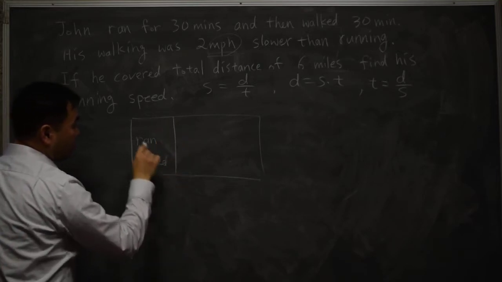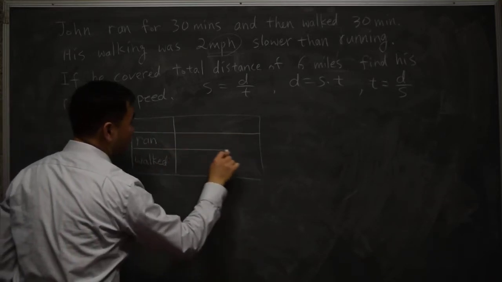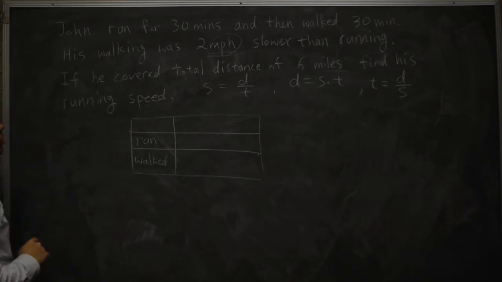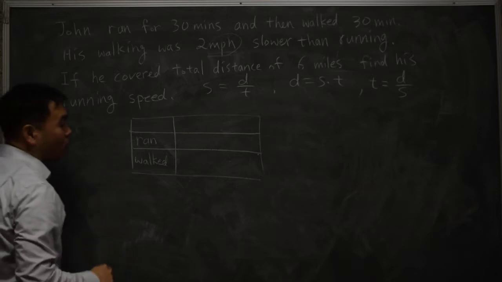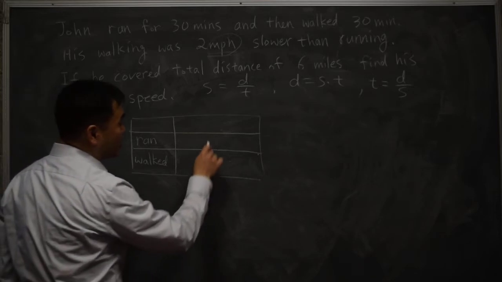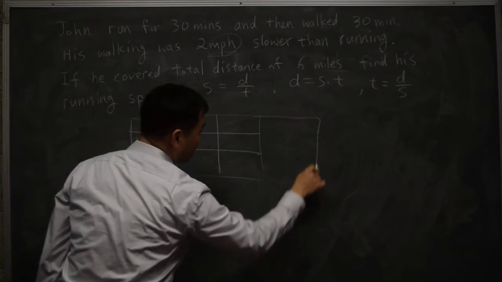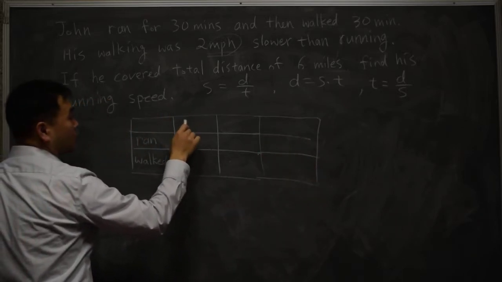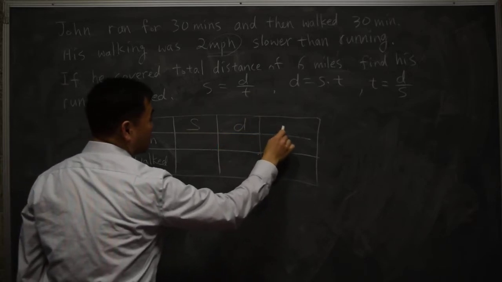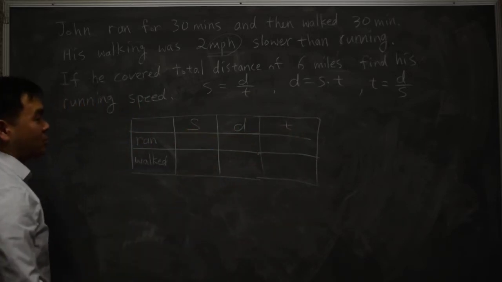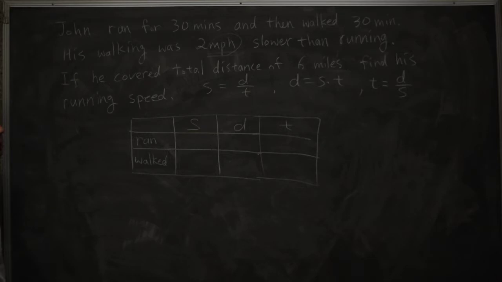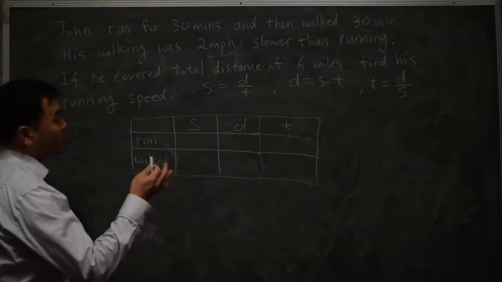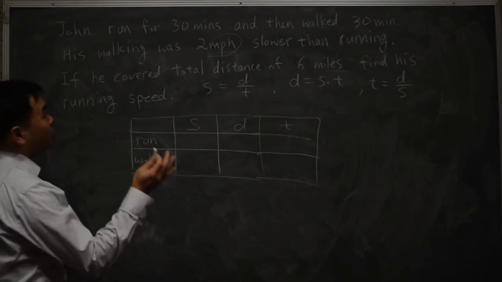So there are two different stories in this question, and for each of those, what you want to do is make a table with speed equals distance over time. So just write that: speed, distance, time. And then once you have this, just try to fill it in as much as possible.